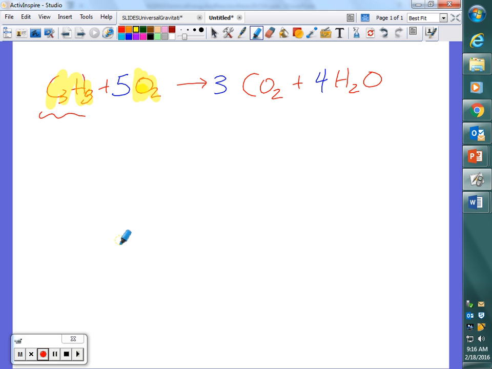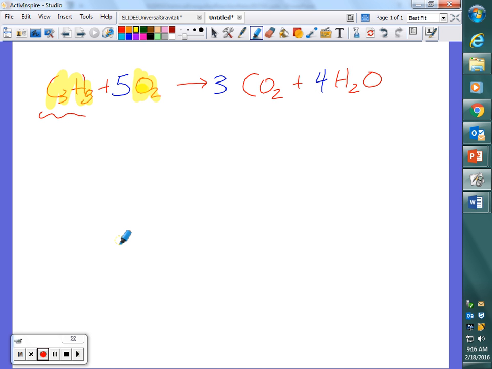In order to make the products of this reaction, what do we first have to do? Let's go with a Lego analogy, right?